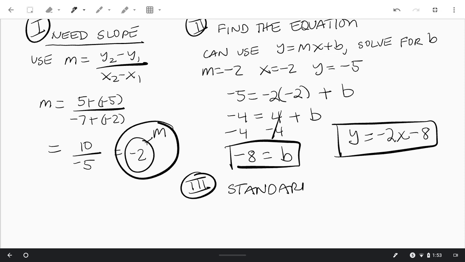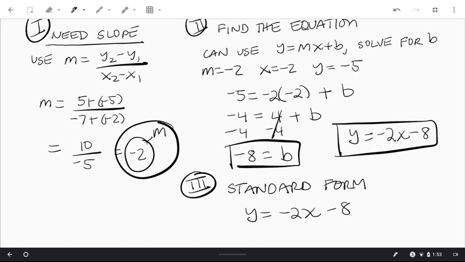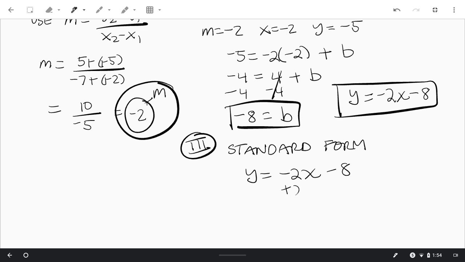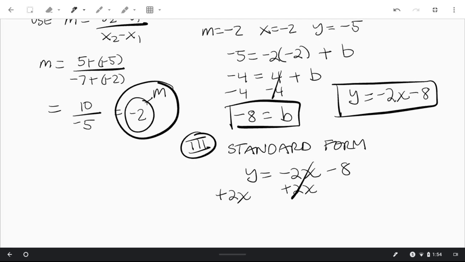So y equals negative 2x minus 8. We need to get the x and the y term on the same side, so we need to add 2x to both sides. And 2x plus y equals negative 8.